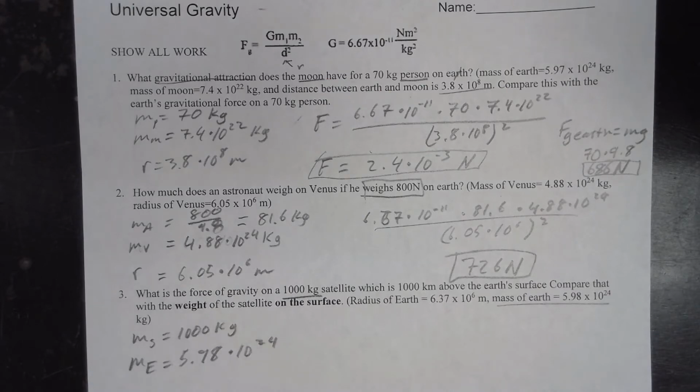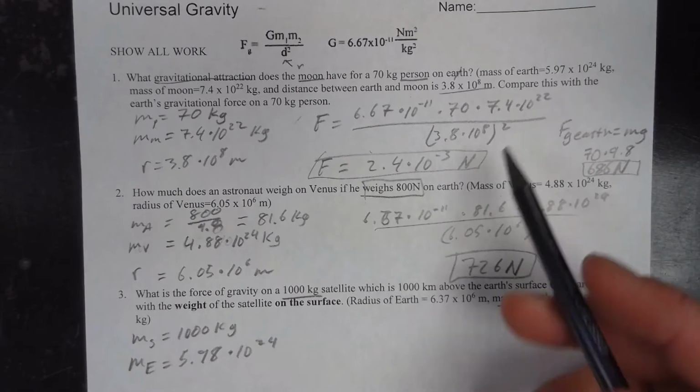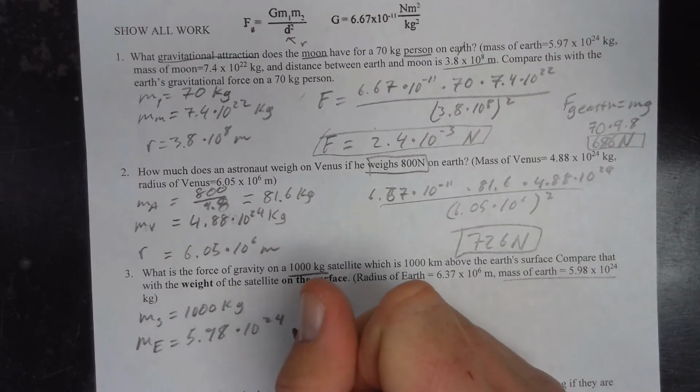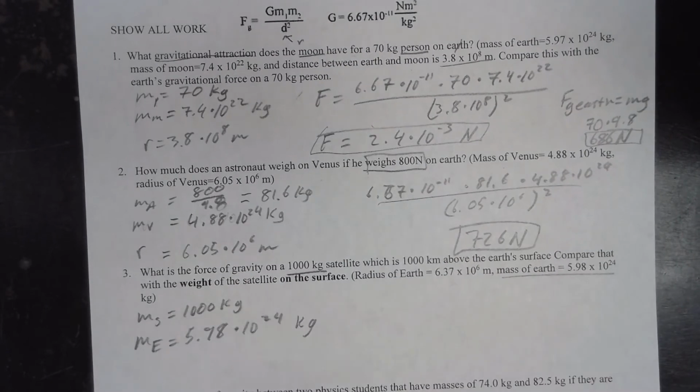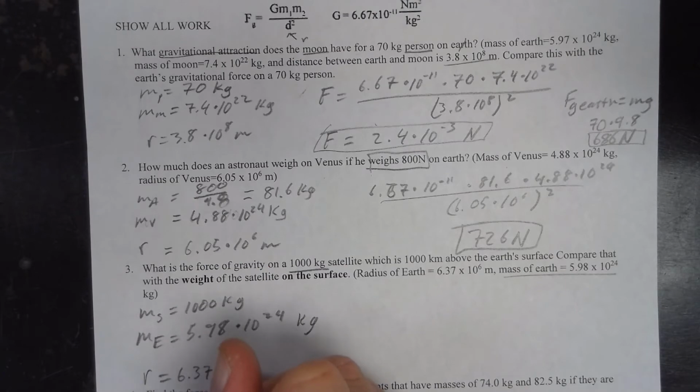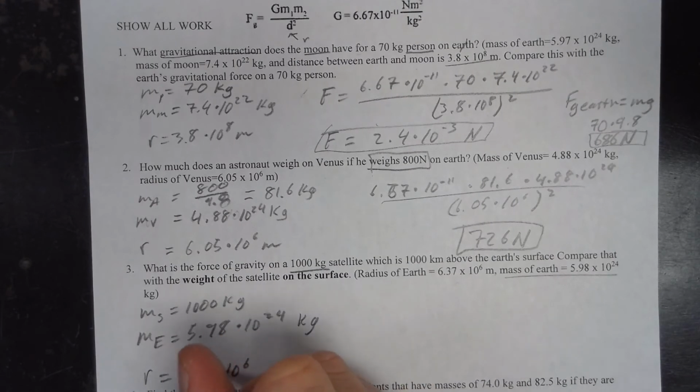And I've had this page long enough that I don't know why this is 5.98 and that one's 5.97. Whatever. We'll just use it the way it is, so don't worry about it. All right, then we need to look at the separation between them. So we know the radius of the Earth, and so at the very least, we're 6.37 times 10 to the 6th meters above the Earth.